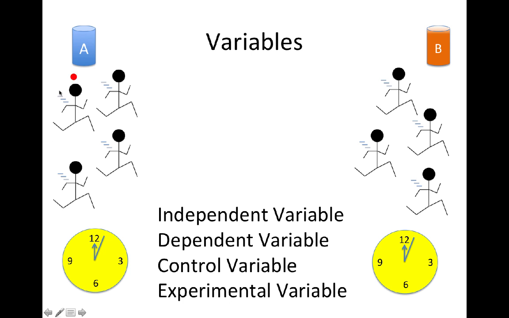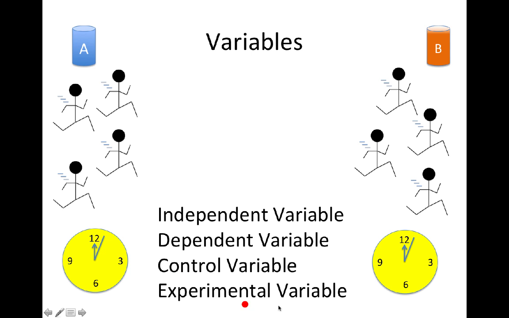Ideally, you would choose individuals and put them in each group that are very similar to each other: same general history of athletic performance, same training background, etc. You'd use the same type of stopwatch, or same type of timing. You'd be measuring them on the same track, etc. You would want to keep everything controlled.